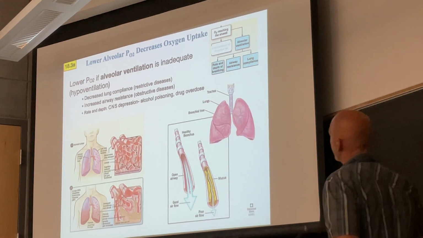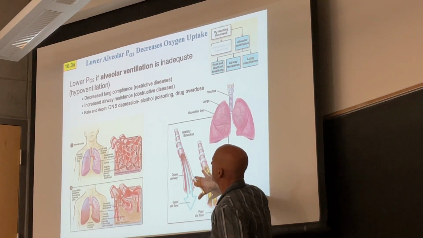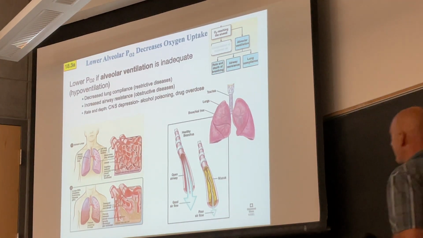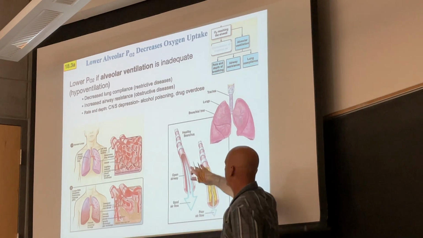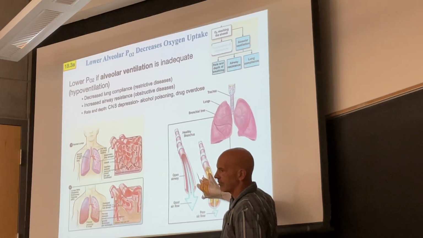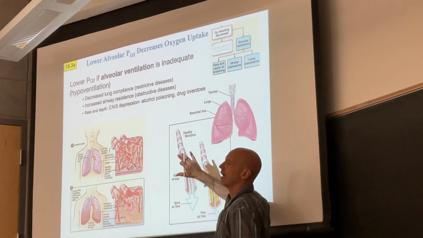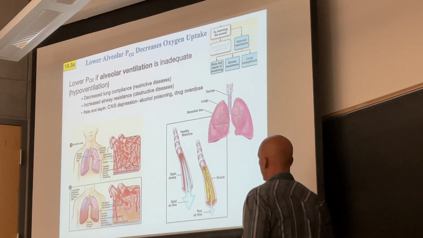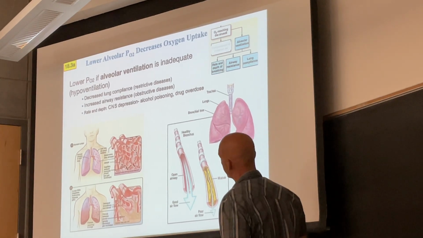The other one is getting oxygen into your lungs, alveolar ventilation, a lot of what we talked about yesterday. We have obstructive diseases, excess mucus production, bronchoconstriction, anything that's blocking the airway from getting air down to the alveoli. So enough air is getting in, but there's not enough oxygen in there.